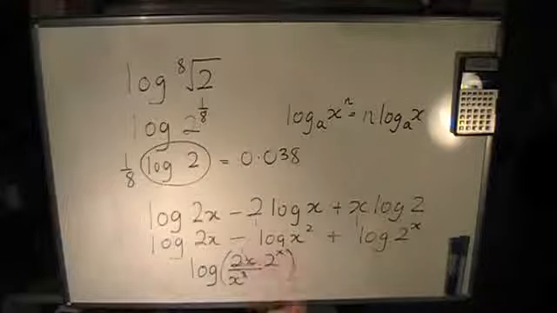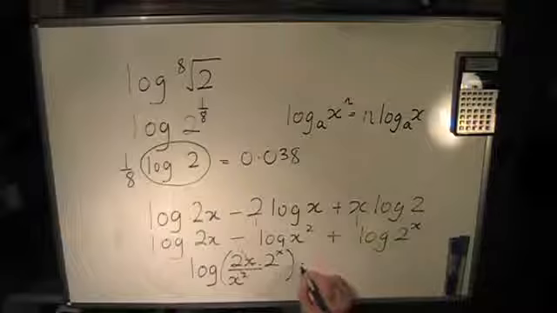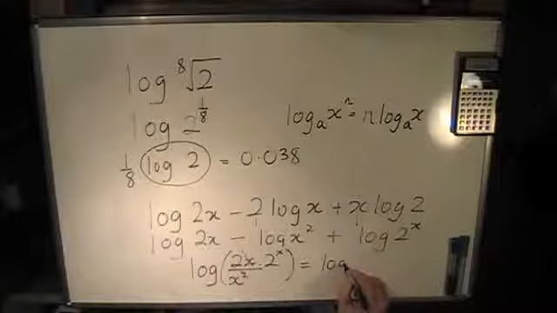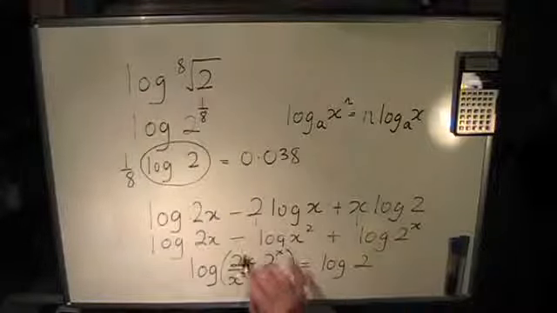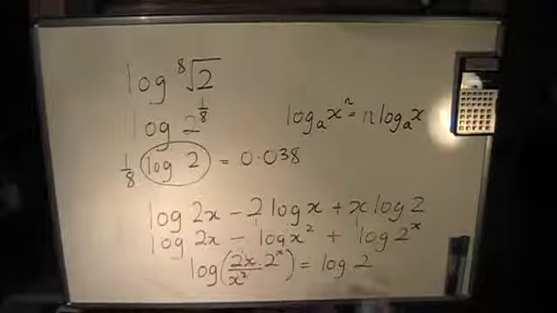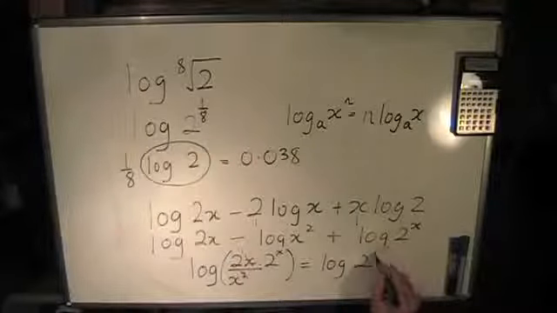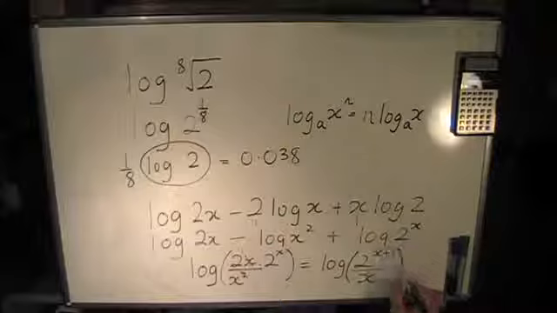We know there's an index 1 there, but we don't normally write it. But your answer would be the log of 2 to the 1 plus x, or x plus 1 if you prefer. And then you're dividing all of that by x. And that's the expression you have.